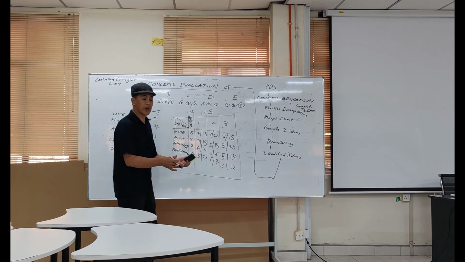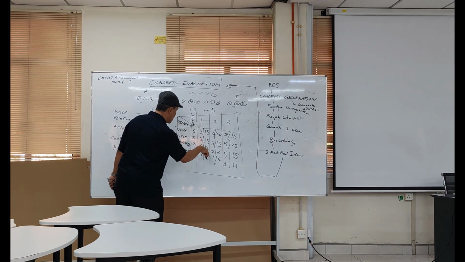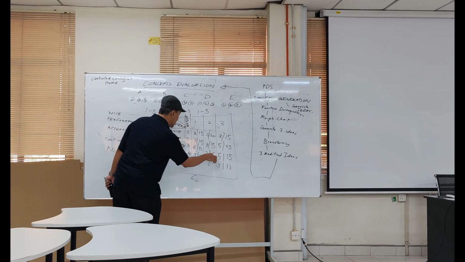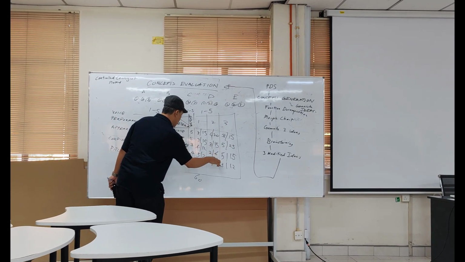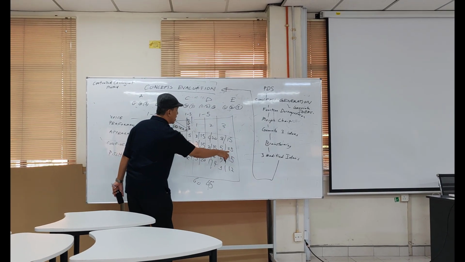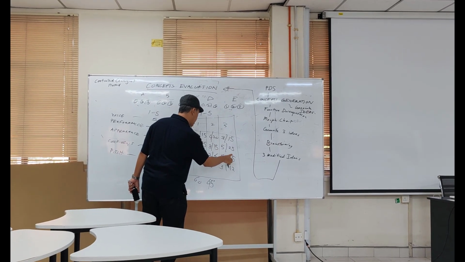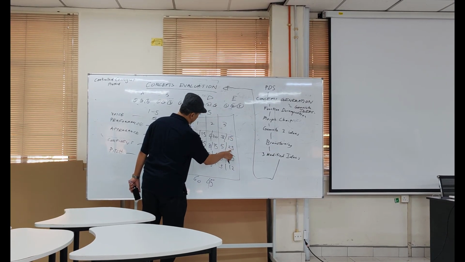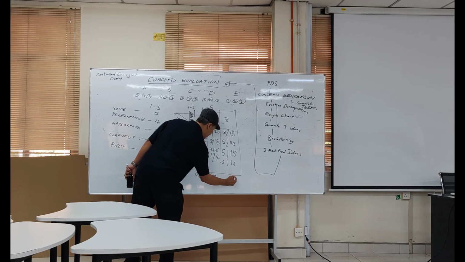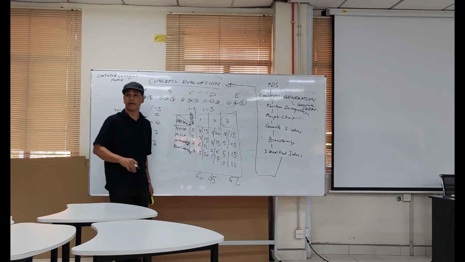Clear or not? Then you sum them up: 15, 30, 42, 60, and so on, until the totals come to 55 and 67. So this one, the third, is the champion.